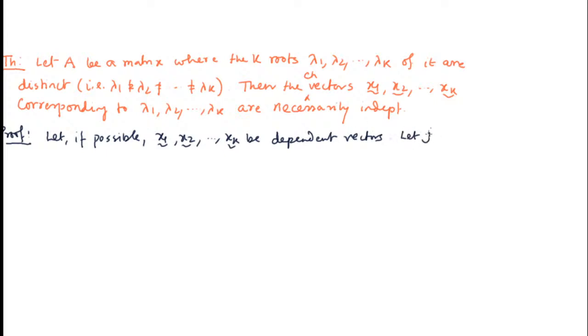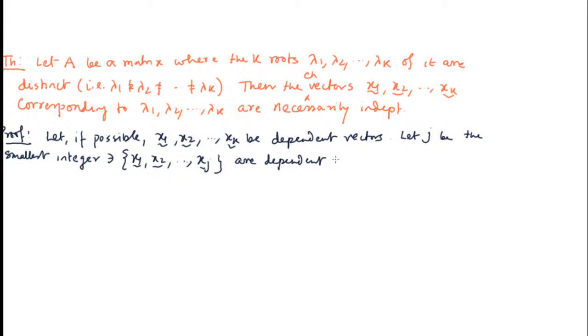So let j be the smallest integer such that x1 curl, x2 curl, xj curl are dependent.